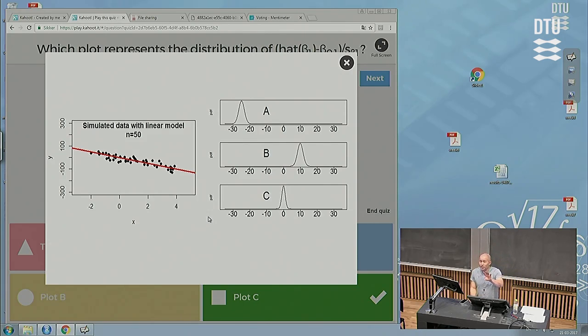This is what the theorem talked about, the difference between the estimator and the truth relative to the sampling error of that one. That's a t distribution. A t distribution is centered around 0, like the standard normal. So it could only be c here. Forget about the actual size of the standard deviations, it could only be c here.